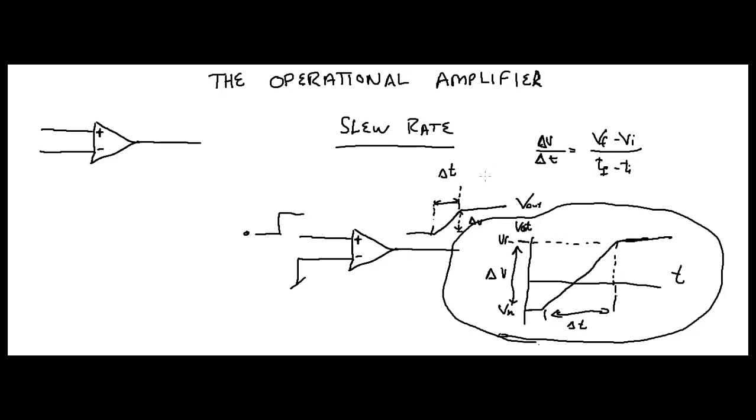What the slew rate is then used to determine is whether it can meet the needs of your application, to make sure that the amplifier can respond fast enough for the frequencies that you're going to be using at your inputs. So there you go, and that is your slew rate calculation.